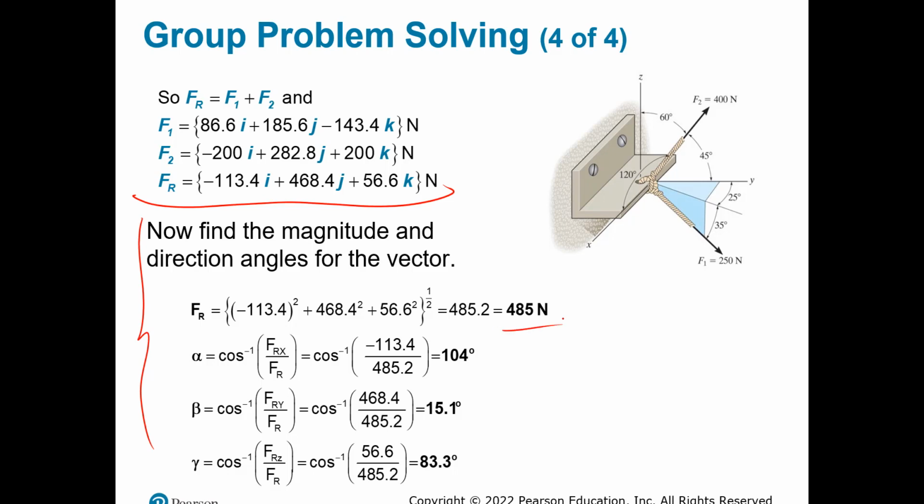Then use alpha, beta, and gamma to get the angles. Alpha equals the inverse cosine of FRx divided by the whole resultant, beta equals the inverse cosine of FRy divided by the magnitude of the resultant, and gamma equals the inverse cosine of FRz divided by the resultant, and then you will get your angles, and that's it.